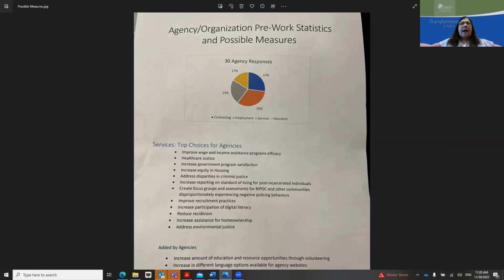As a collective group, what could we work on?